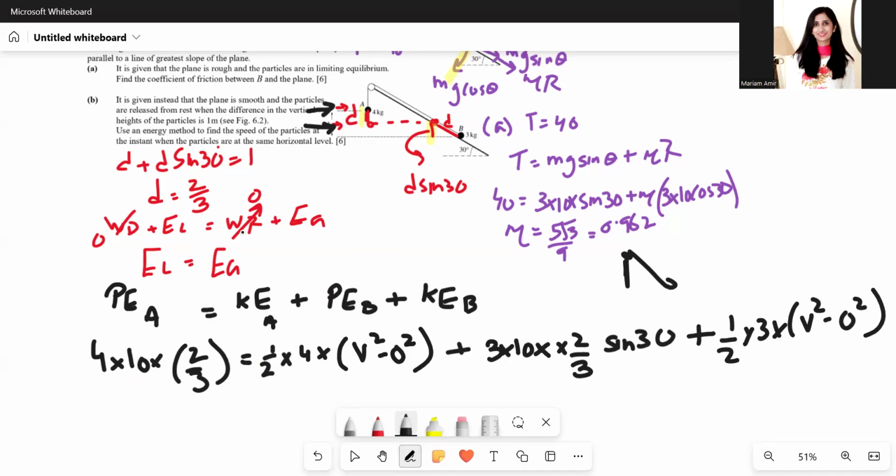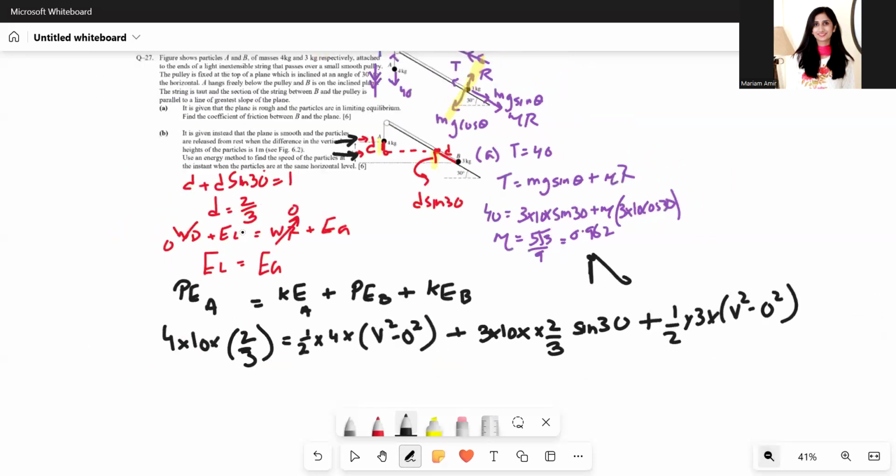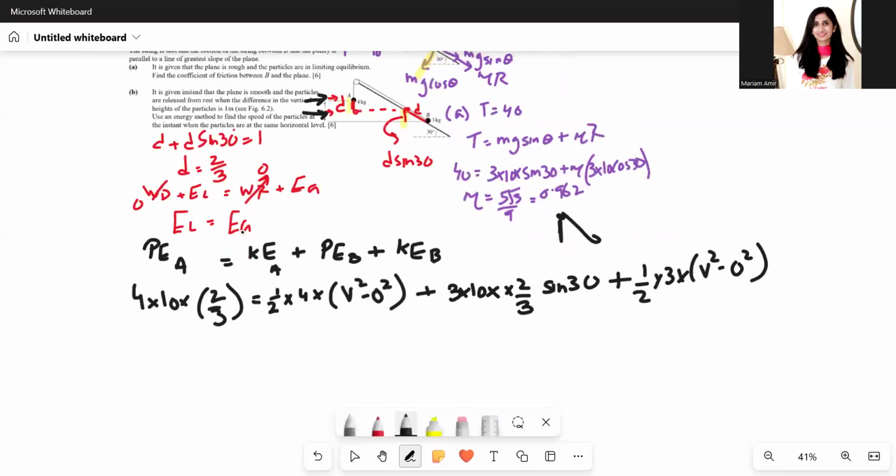Now you solve this and you should be able to get the value of V. When you solve this, you get V equals 2.18. First make V squared the subject, then square root. So V will come out to be 2.18 meters per second.